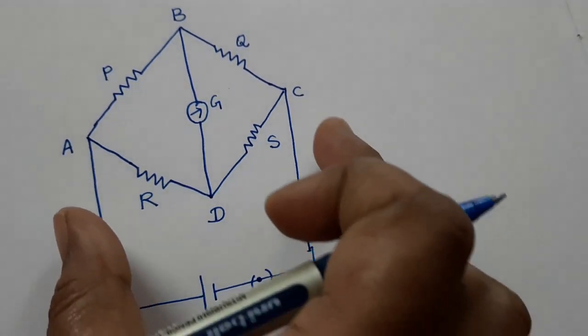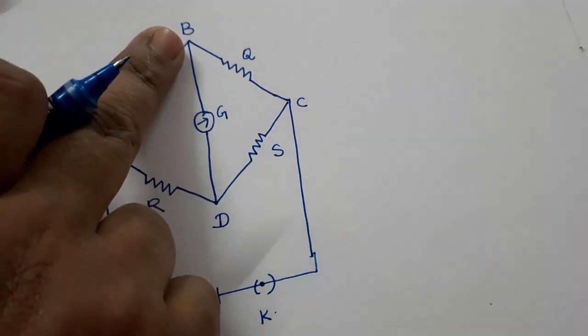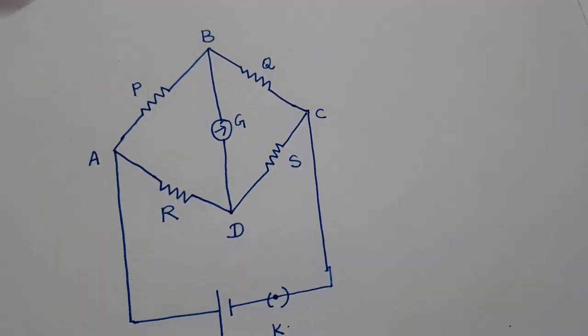The arm between A and C is called the battery arm, and the arm between B and D is called the galvanometer arm.